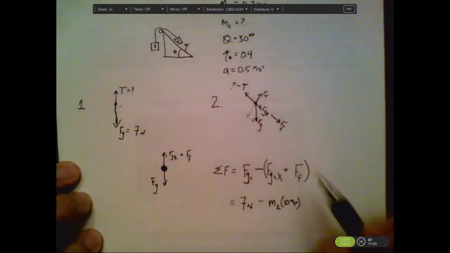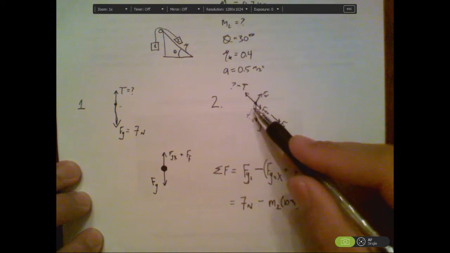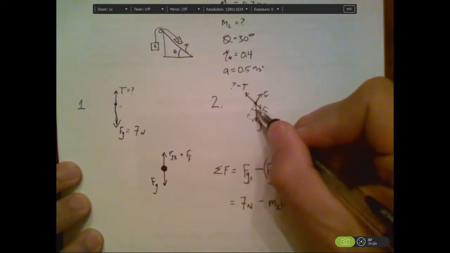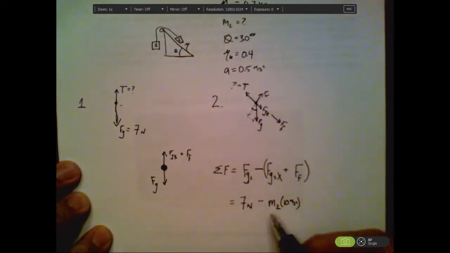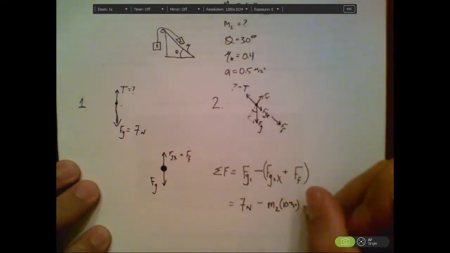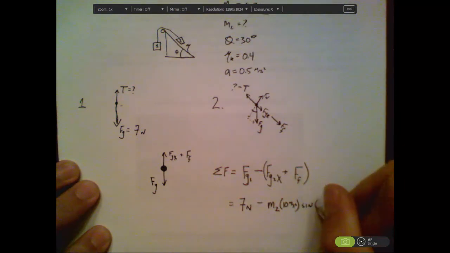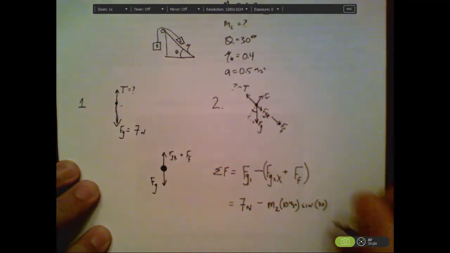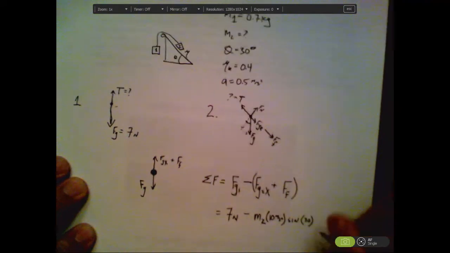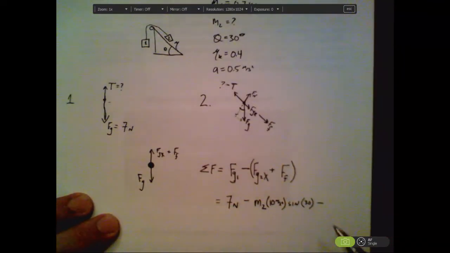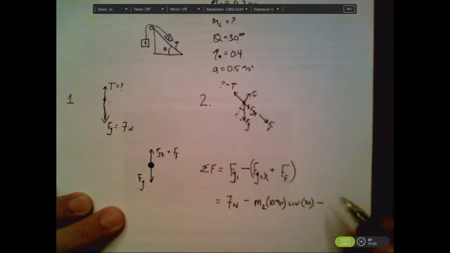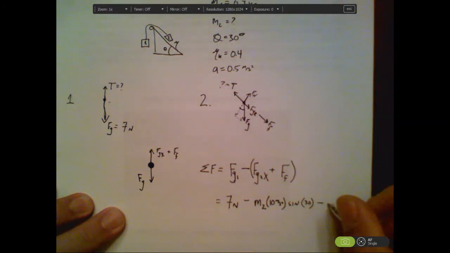But for the x component, since it's opposite the 30 degree angle that we know, it's going to be Fg2 times sine of 30. Then, because it's minus another plus, we have the force of friction, which is mu times the normal force.